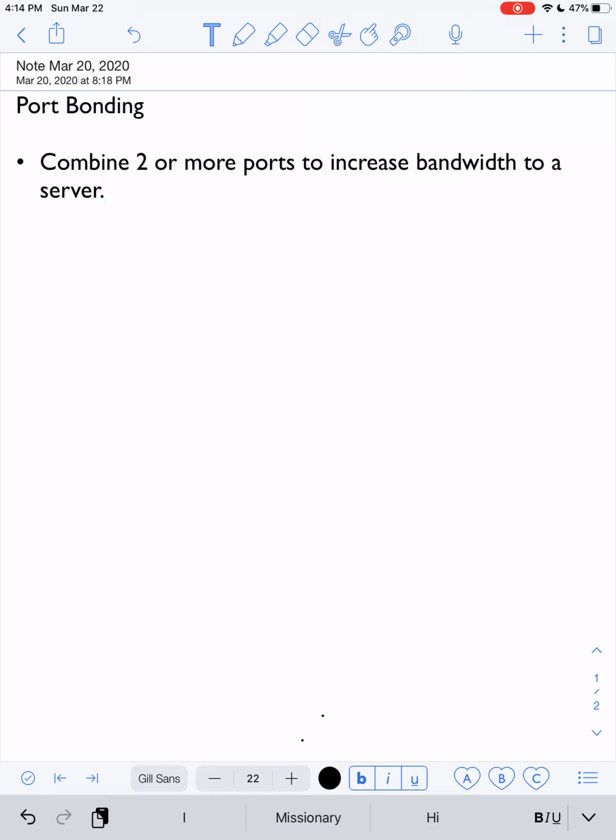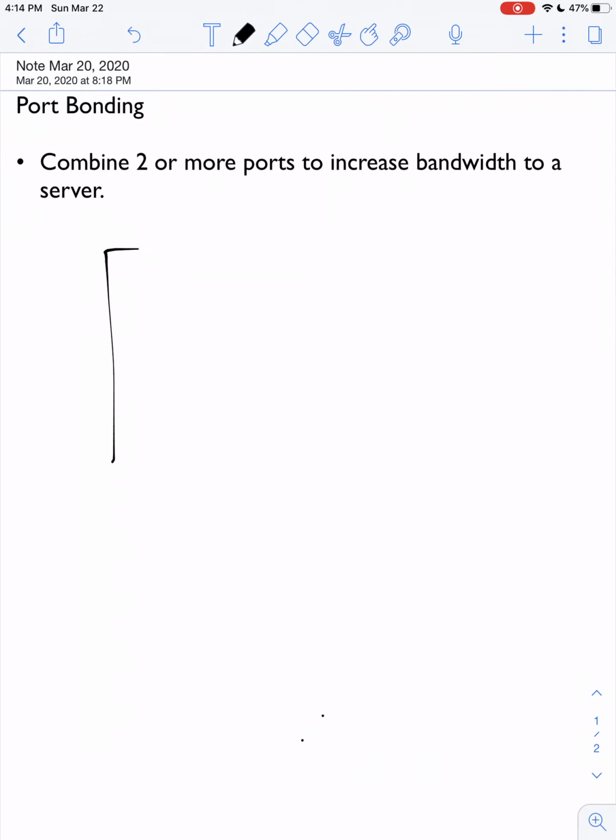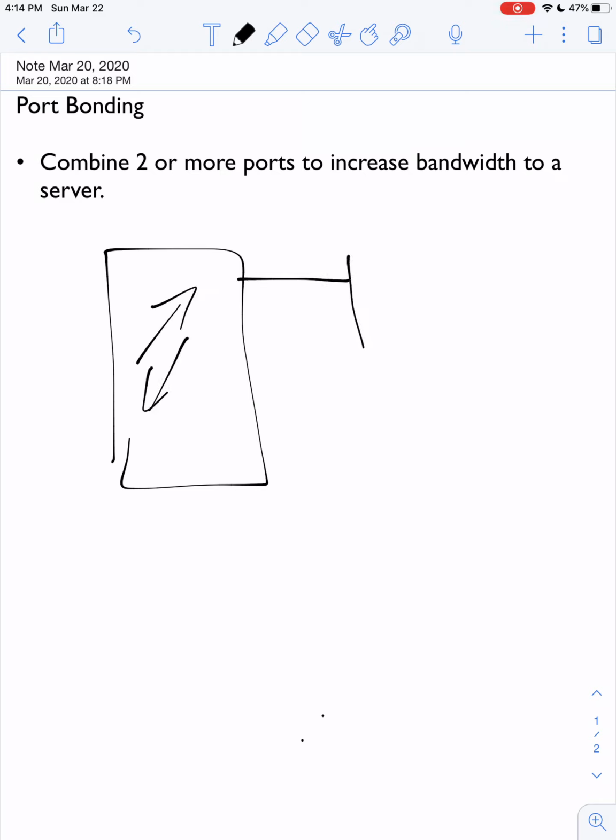So, for example, here I might have a switch, and in that switch I can have a server, and this server might be 1 gigabit per second.